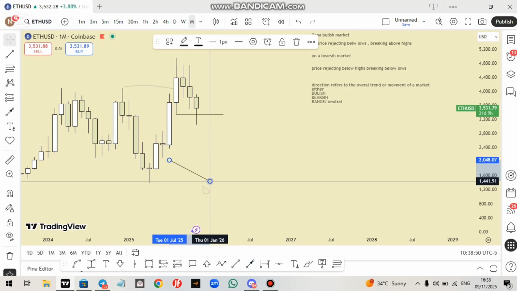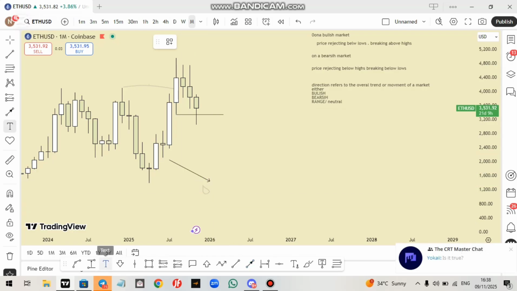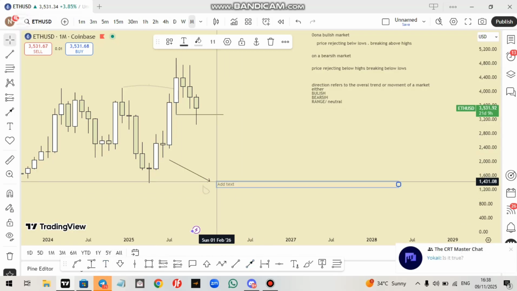Let me give you everything I do whenever I wake up in the market. Once I get into the chart, what I look for is the directional bias, right?